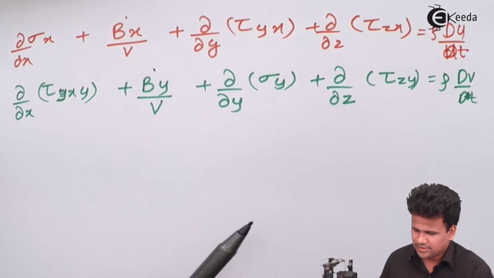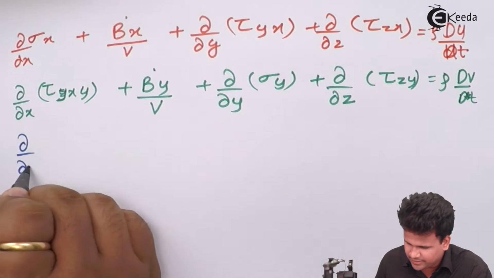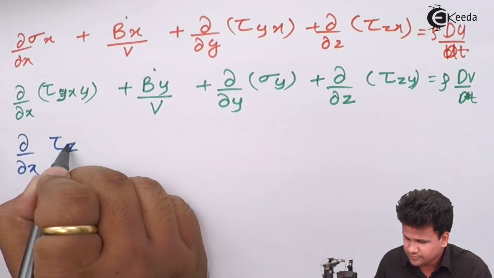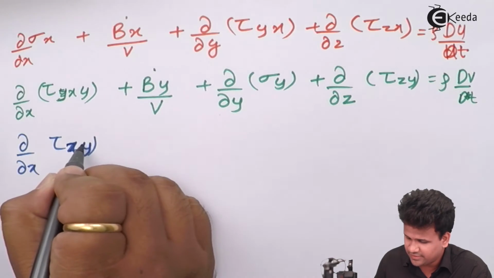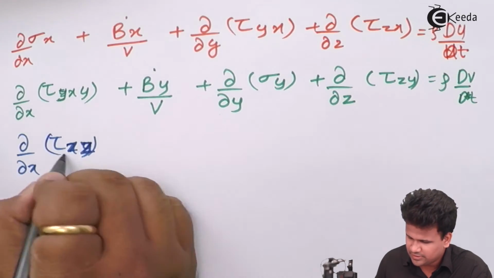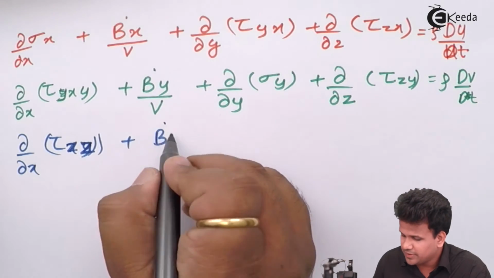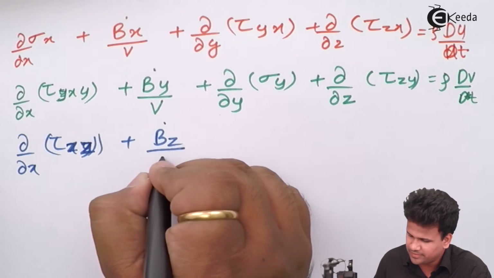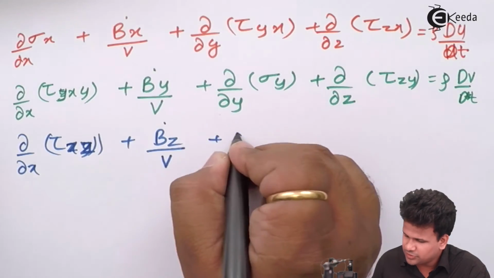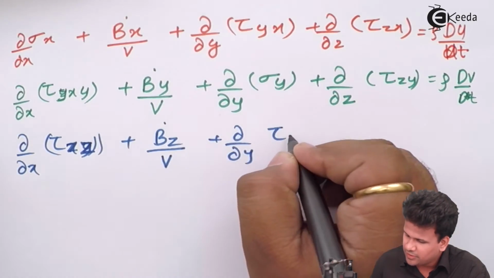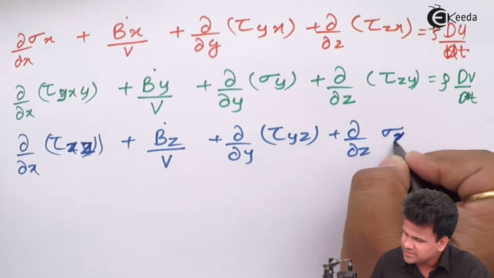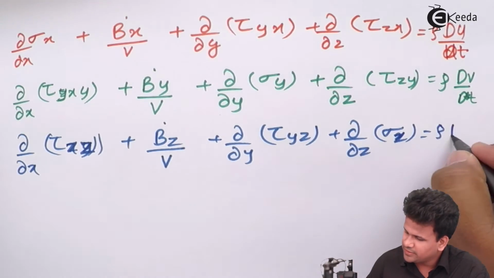And lastly we have dou by dou x of tau of x plane z direction plus body force per unit mass per unit volume, this will be divided by v, plus dou by dou y of tau of y plane z direction plus dou by dou z of sigma z is equals to rho into dw by dt.